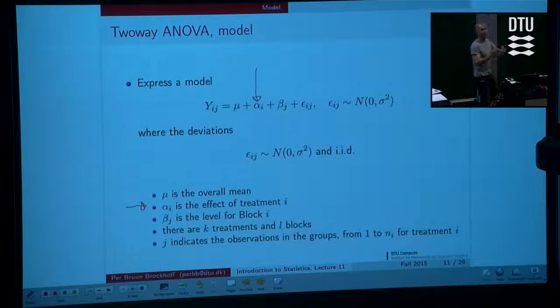So it's just a formal way of expressing that TV set treatment i is different from the overall mean, right? The overall mean is called mu. That's the overall average sharpness across all my people, across all my TV sets.